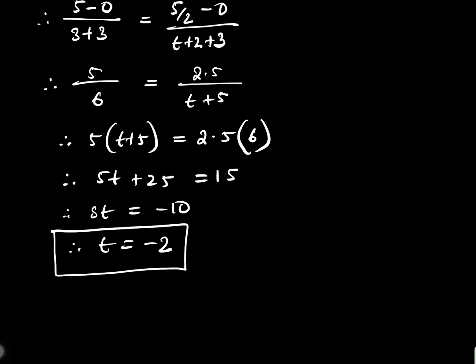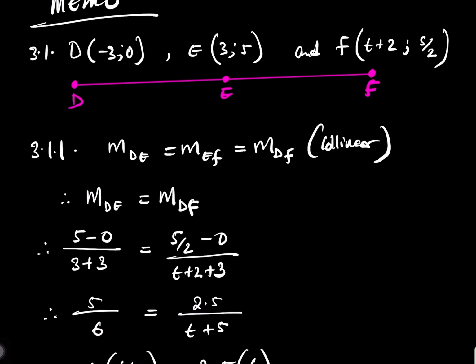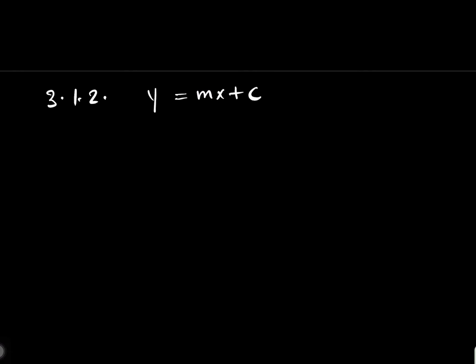We want to find the equation of the line passing through those 3 points. So we're going to have y equals mx plus c, where m is the gradient of these 3 points, and that is 5 over 6. So therefore, I'm going to get y equals 5 over 6x plus c.